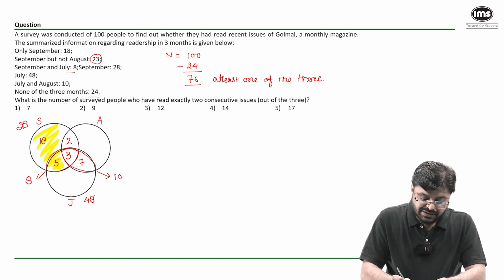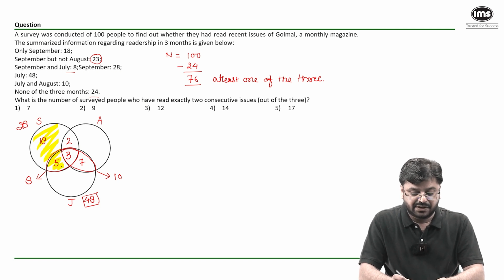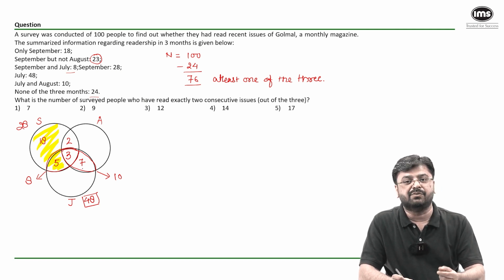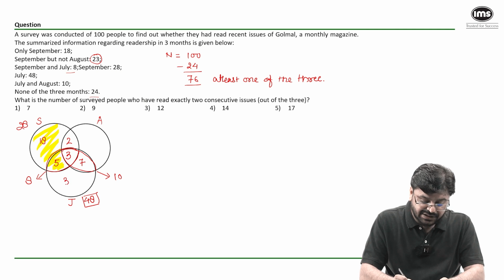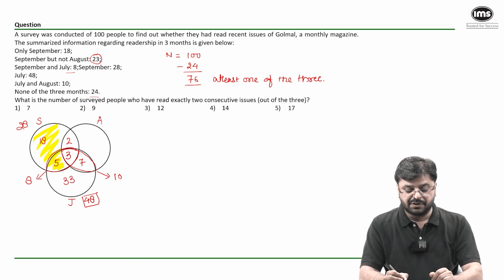That means, see, we also know this total of July, of which the number of people reading at least one more edition with July is 15. So if we subtract 15 out of 48, we'll get 33. And that is the number of people who are reading only the July edition.